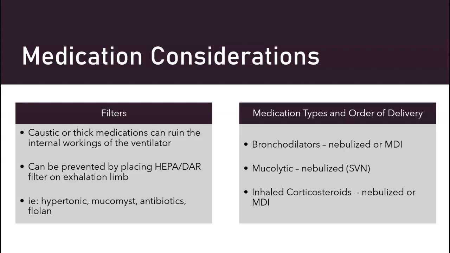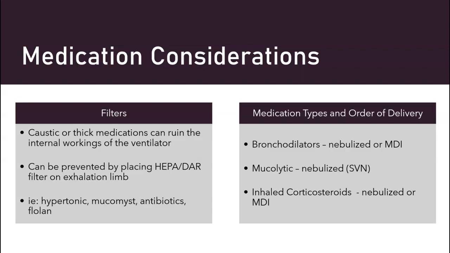Medication types. First, you give your bronchodilators, whether nebulized or an MDI, then you'll give your mucolytics, whether this be mucomist or hypertonic, and that's because these can initiate or cause bronchospasms.